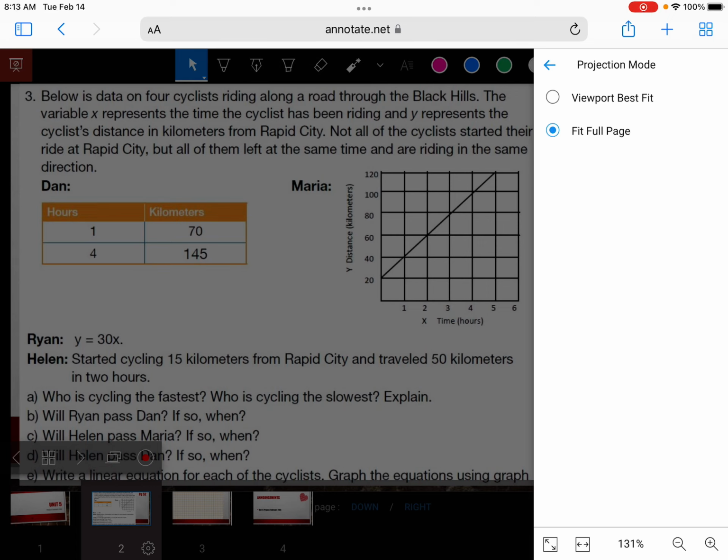Go grab a ruler. I mean, get up and go grab a ruler if you don't have one. And then come grab 4 different colored pencils, and you're going to need to represent all 4. Move, go.